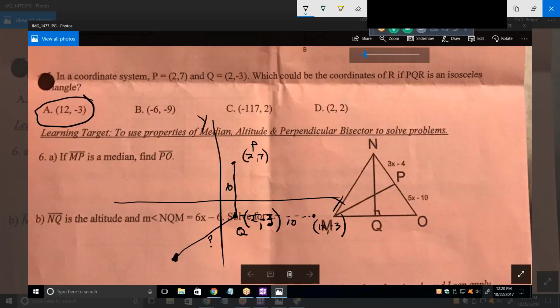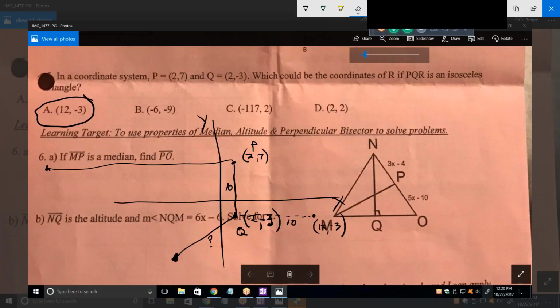We won't spend, what's that? Wouldn't C be out of the question though, because it's a negative 117? Yes. In other words, it's a negative 117 and 2. So it would be somewhere way out there, and there's no way for that right triangle to be an isosceles triangle.